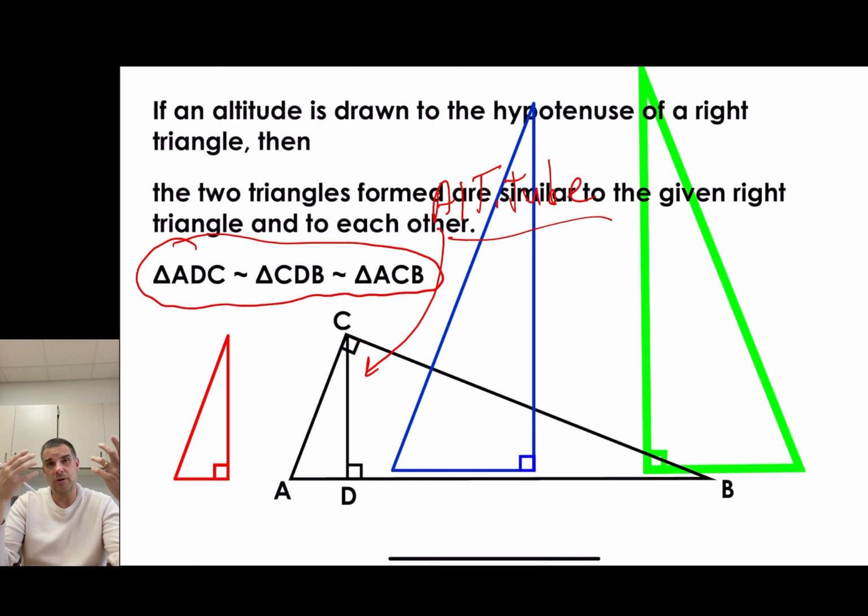Because when we're looking at the problems today, we're going to be looking at not only finding the geometric mean, which was the first part of it, but we're also going to be finding missing parts of right triangles when that altitude is drawn in there. And we could certainly do that by creating similar triangles like we did on the last lesson, and then write the proportions.